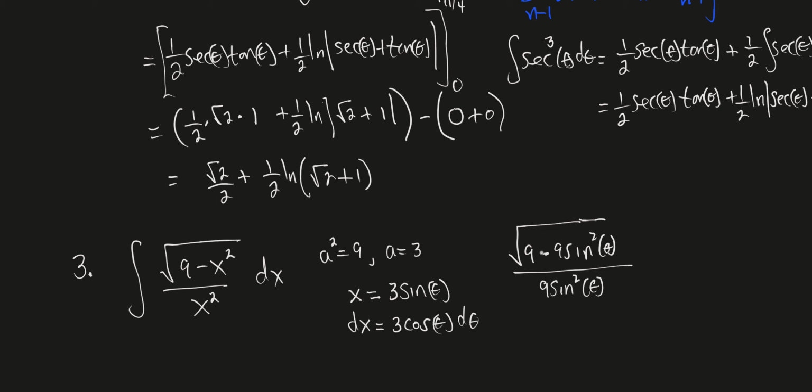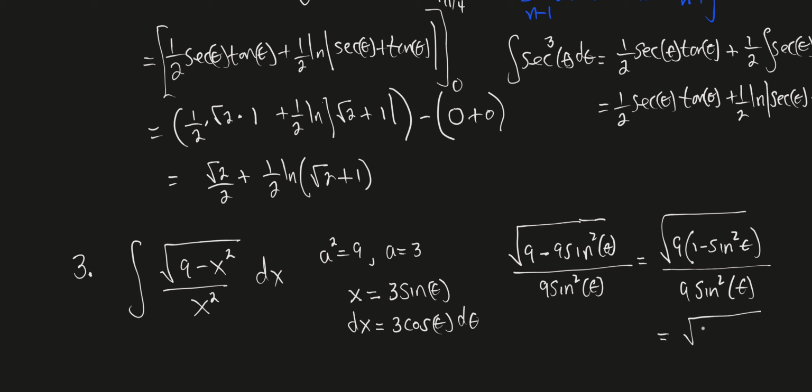Now, again, the goal is to somehow get rid of this root. Well, under the square root, I have a common factor of 9. So I can factor out a 9 under the square root. That leaves 1 minus sine squared theta. And there is that Pythagorean identity again. So 1 minus sine squared theta is cosine squared theta.